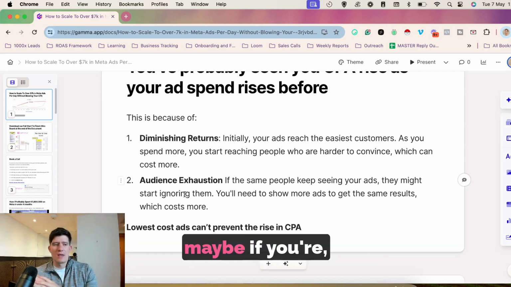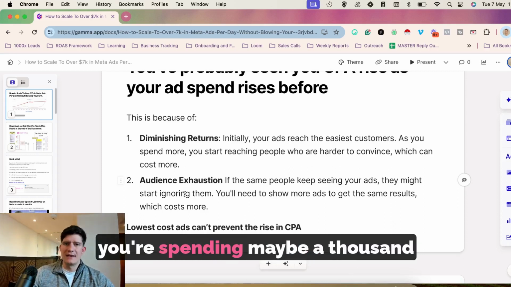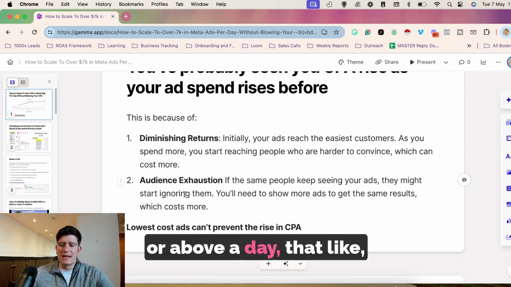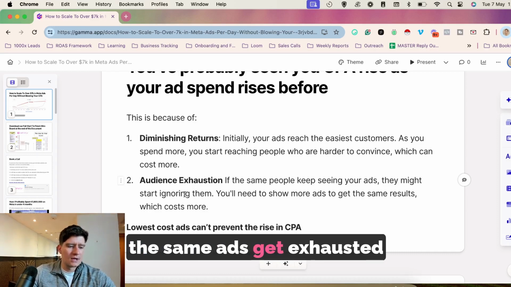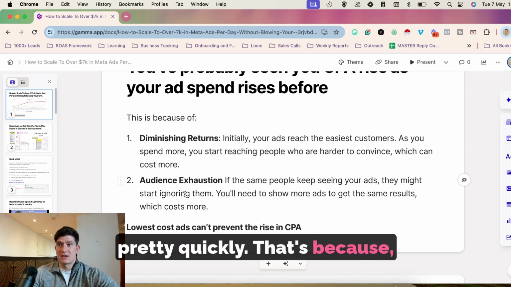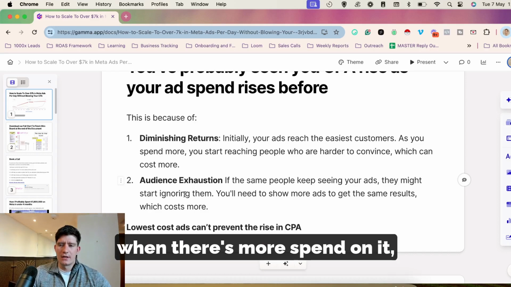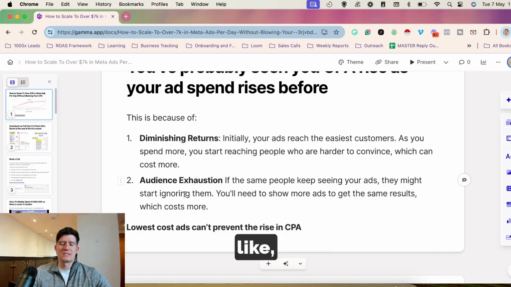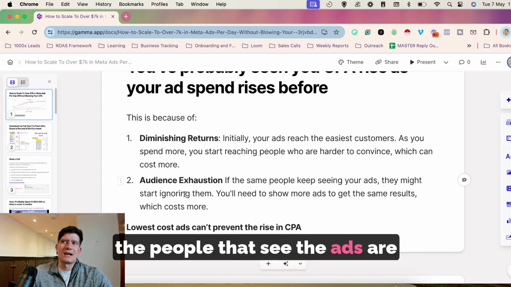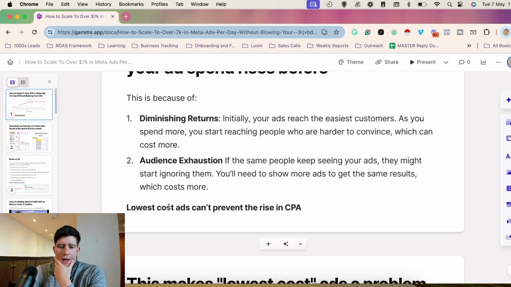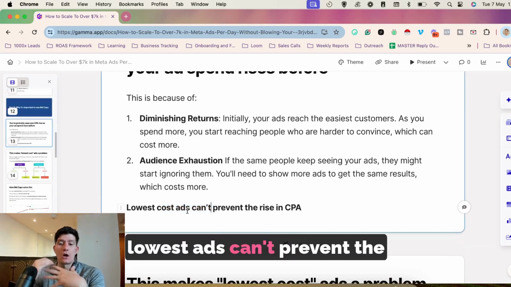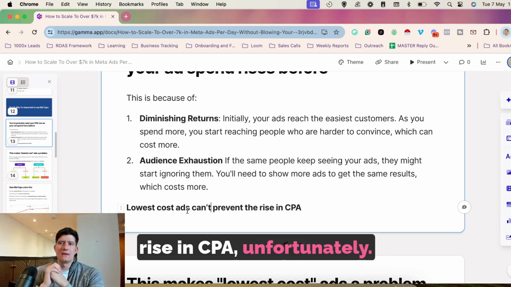You've obviously seen, maybe if you're spending $1,000 or above a day, that the same ads get exhausted pretty quickly. That's because when there's more spend on it, the people that see the ads see them more frequently. So yeah, lowest cost ads can't prevent the rise in CPA, unfortunately.